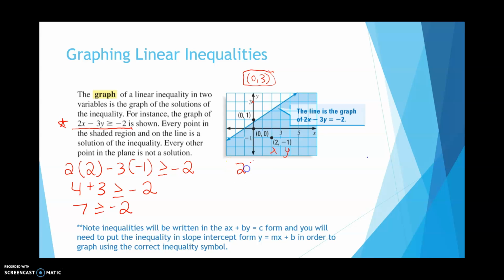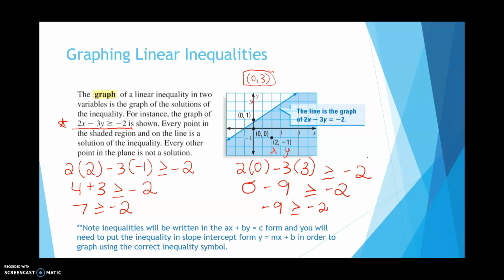So if we have 2 times 0 minus 3 times 3, is that greater than or equal to -2? 0 minus 9, is that greater than or equal to -2? No, -9 is not greater than or equal to -2, so that's not a solution.